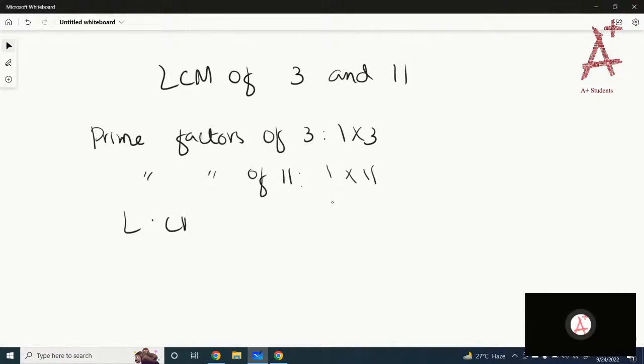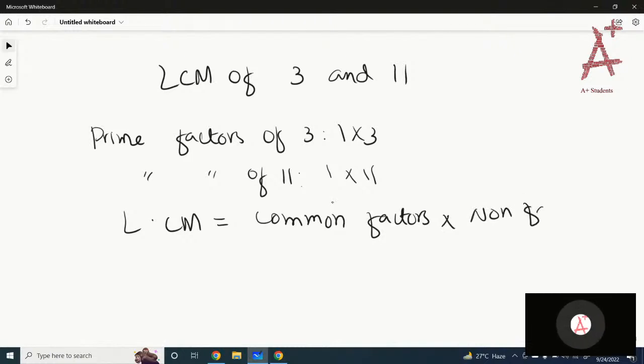So for LCM, you have to multiply the common factors and the non-common factors. You have only one common factor, that is 1. Common multiples actually, not factors.